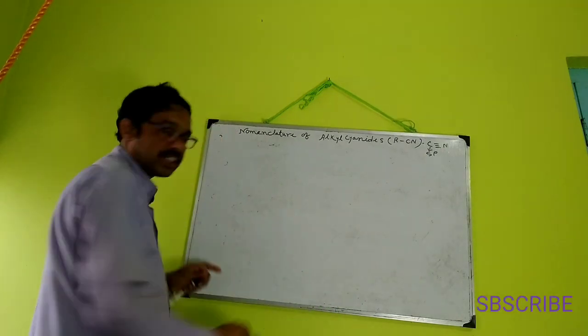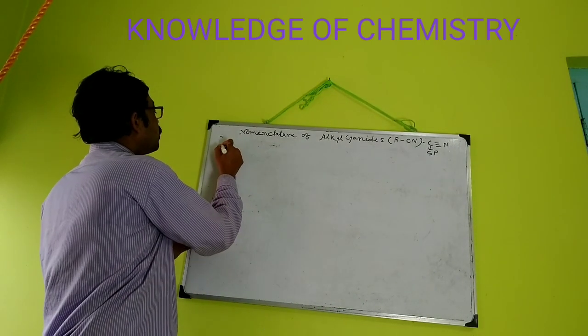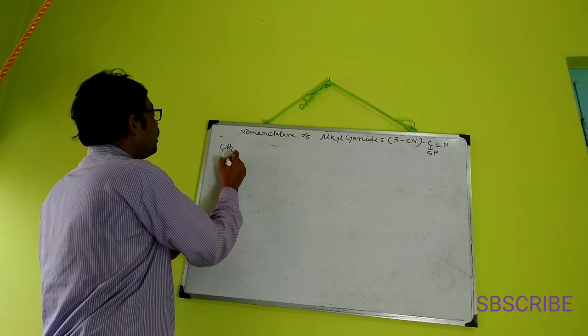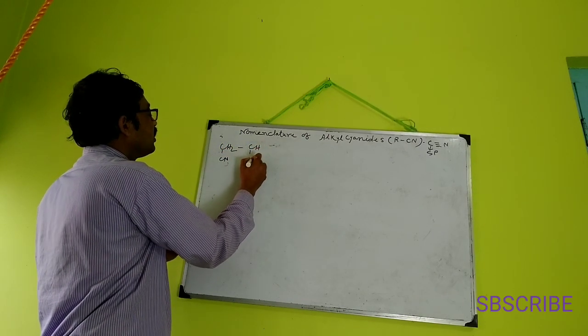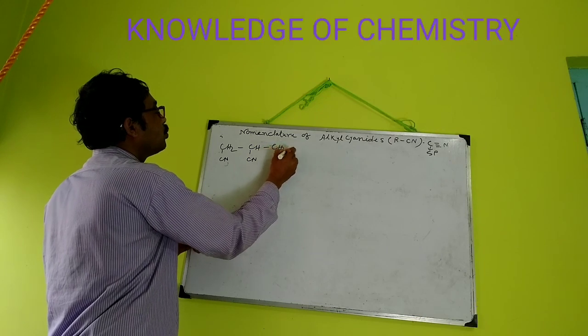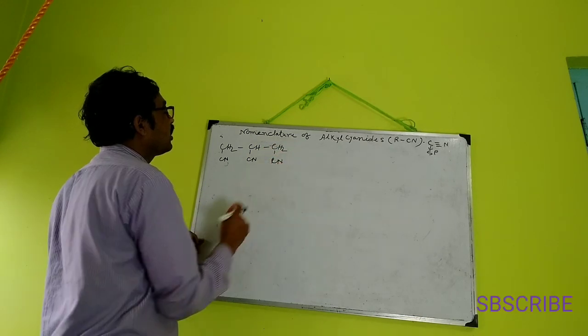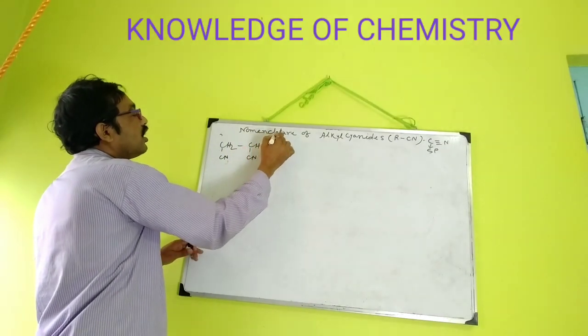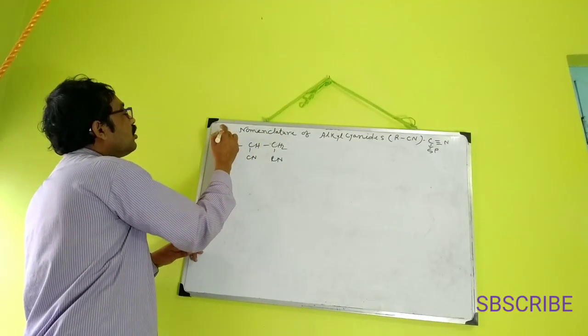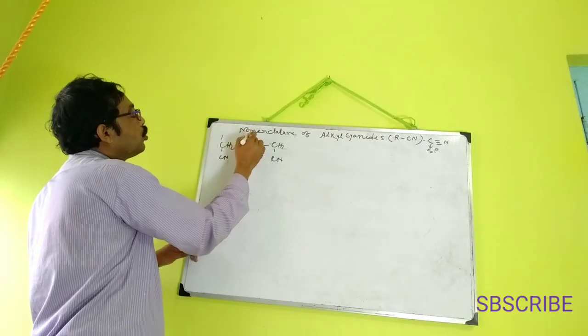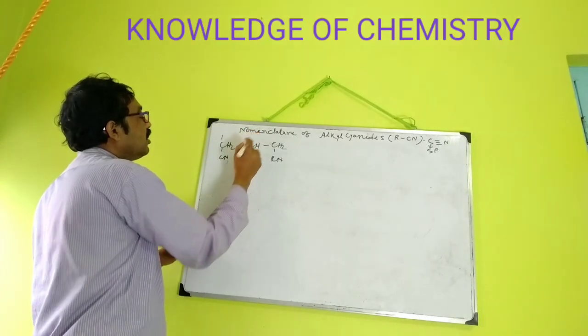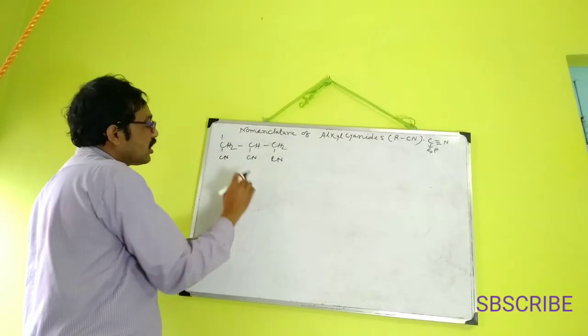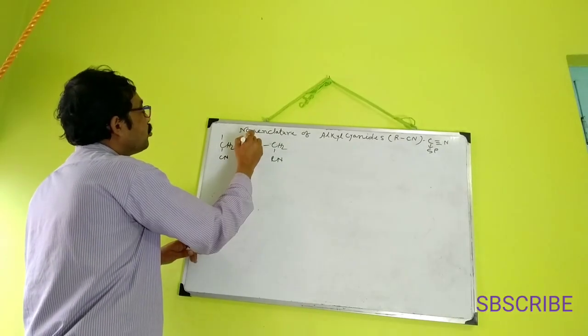As for example, CH2CN, CHCN, CH2CN. Here 3 different CN groups are attached. So numbering will be done on the CH2 or CH carbons only. CN is not considered in the numbering system.